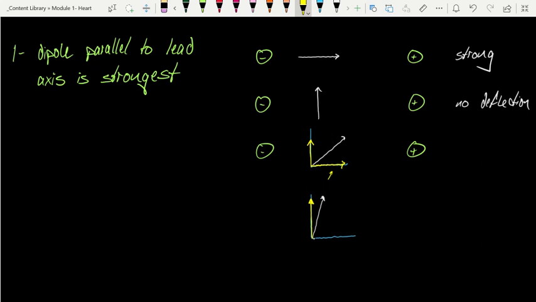Yes, there still is a little component right there, not very big, but a little bit that is parallel to the lead axis. And so it's something that's going to be visible on the machine, but it's going to be weak simply because the vast majority of it is perpendicular to the axis, but a little bit is parallel. So the dipole parallel to the lead axis is the strongest.